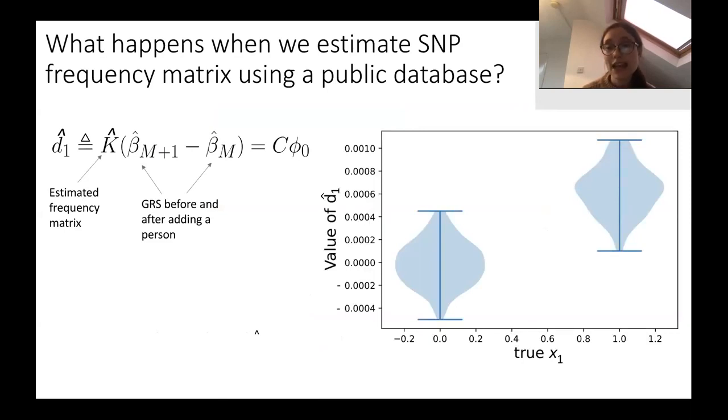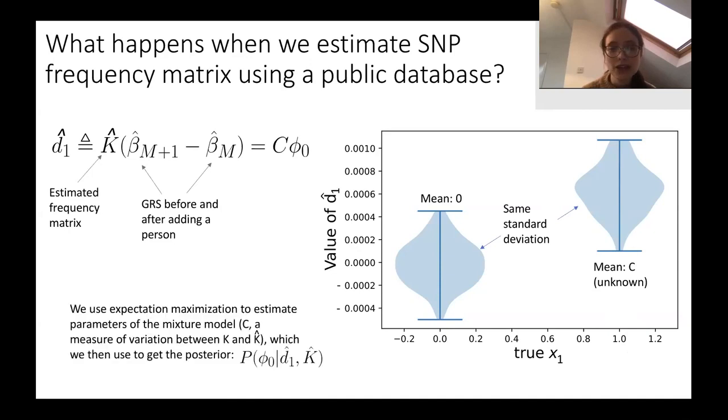So instead of having exactly two different values of D1, we end up with a distribution of values. So in cases where the individual doesn't have the SNP of interest, the mean of this distribution would be 0. And in the case where the individual does have the SNP that was added, the mean of this distribution would be C. However, we don't really know what C is. We also show in our paper that these two distributions should have the same standard deviation.